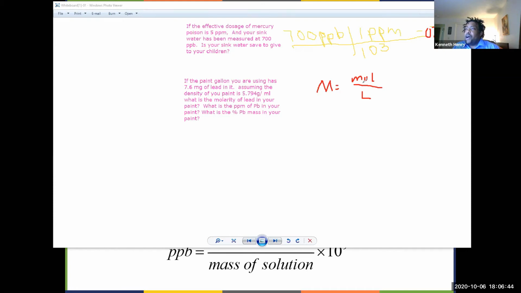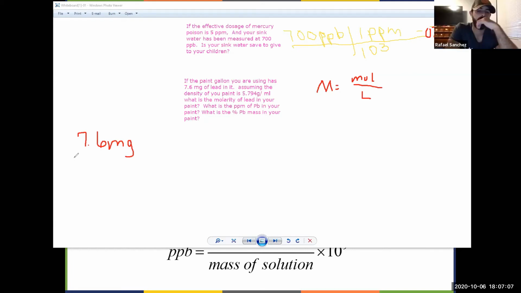What am I given? 7.6 milligrams of lead. Okay, and if I want to change that to moles, what do I need to do? From milligrams to grams and grams to moles.